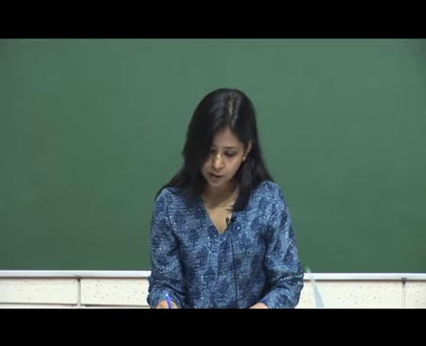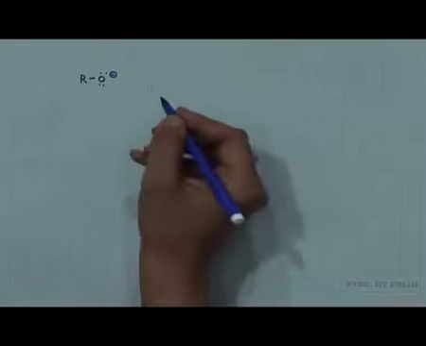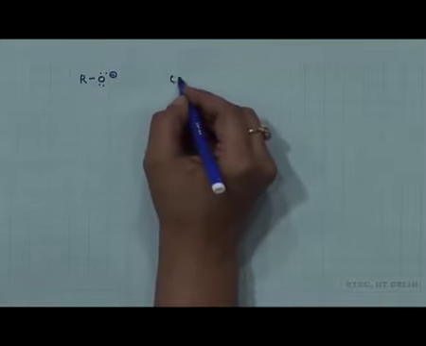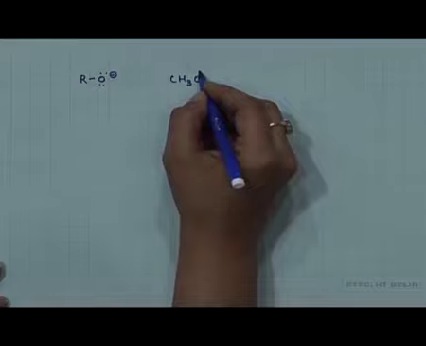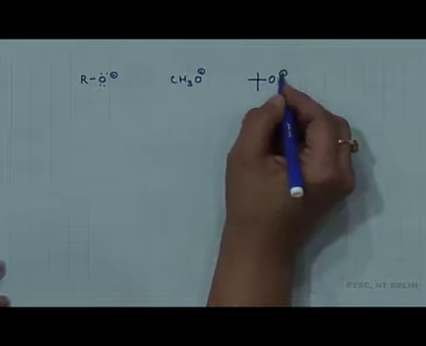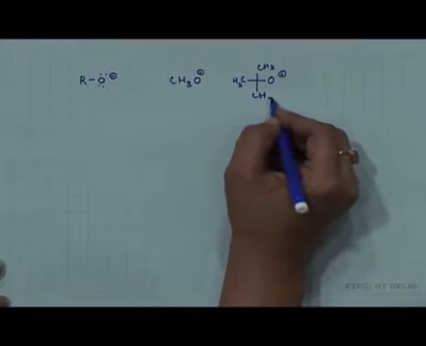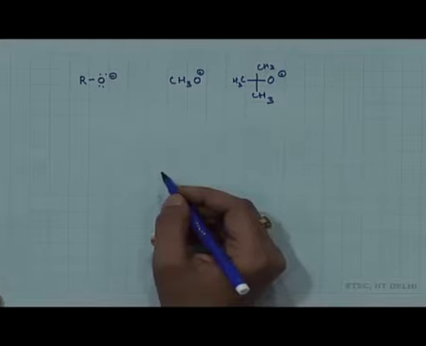So, there are two factors when you talk about these alkoxides, and I compare an alkoxide of sodium methoxide versus potassium tertiary butoxide. Suppose I take these two bases and look at their stability.